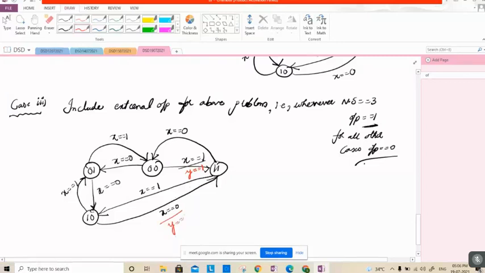Here also y is equal to 1. For all other values, the value of y is 0. Is it clear?